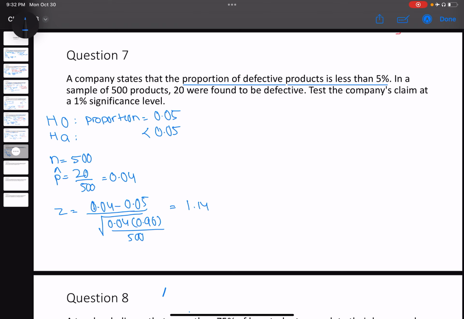And if we go to the z table, here we have z as 0, 1. It will be somewhere here, 1.14.